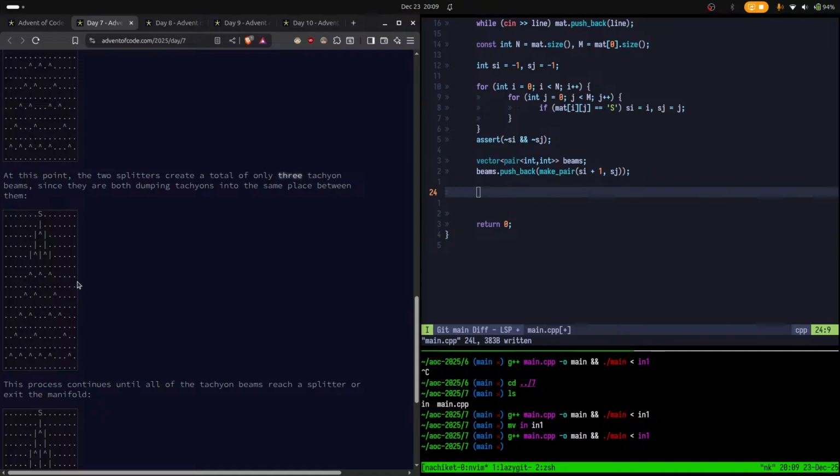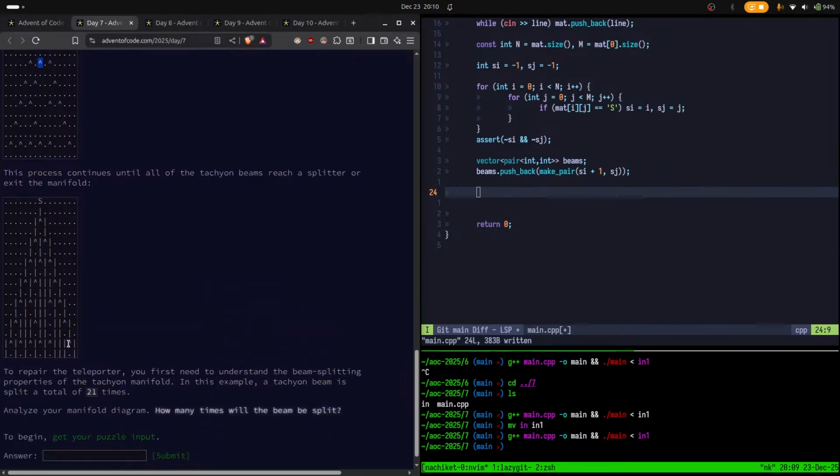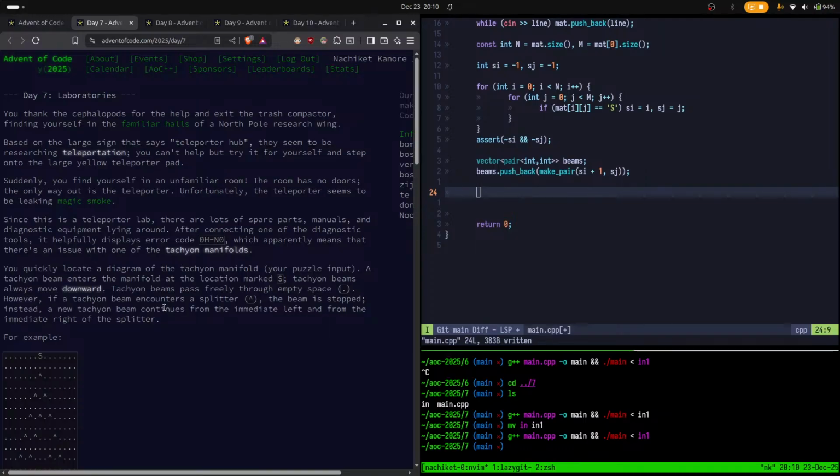I want to know what happens if the beam emerges at an obstacle. Let me re-read the problem: the beam enters the manifold at S, moves downwards, and passes freely through empty space.